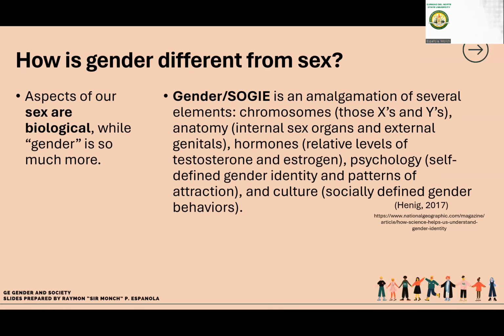First, chromosomes, those X's and XY's; anatomy, which includes the internal and external sex organs; hormones; psychology, which includes our sense of who we are, our gender identity, and even our patterns of sexual attraction, romantic attraction; and culture, which refers to our behaviors, how we present our gender identity, how we express our gender identity, the mannerisms that we do in connection to our view of who we are as far as gender is concerned.